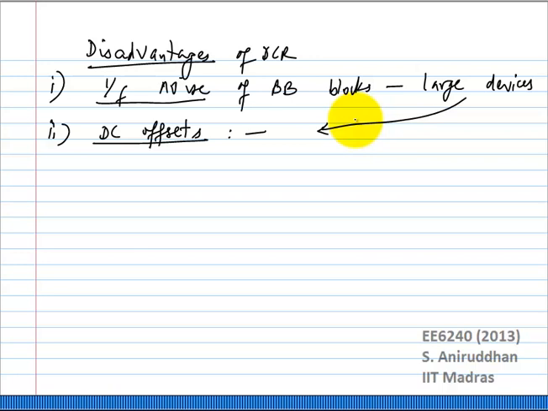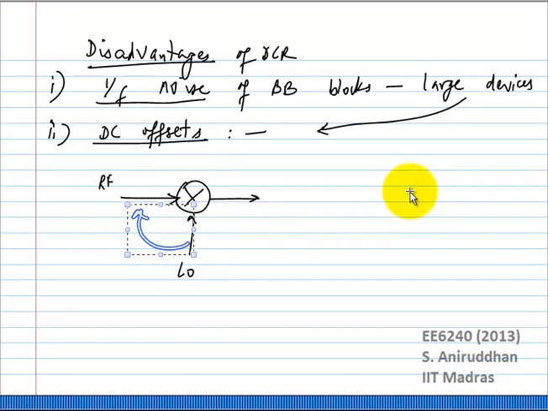Feed through from the LO port to the RF port could actually give you, so if you actually have feed through, I'll just draw it in a different color.